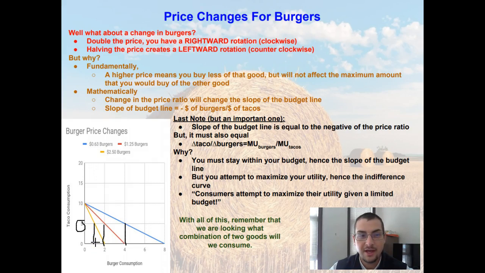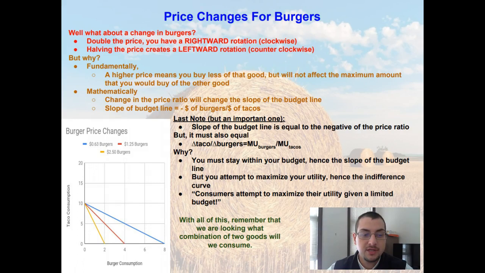So we can see how the amount of hamburgers will either increase or decrease depending on the price. If the price is cut in half, the amount of hamburgers that we can consume will increase at any given level of tacos. On the other side, if the price of hamburgers increases, the amount that we can consume will fall given any level of tacos.